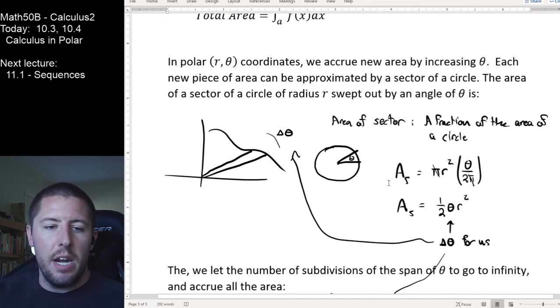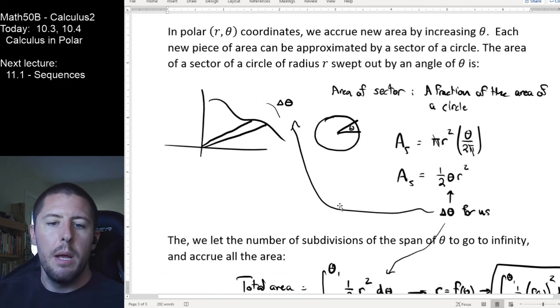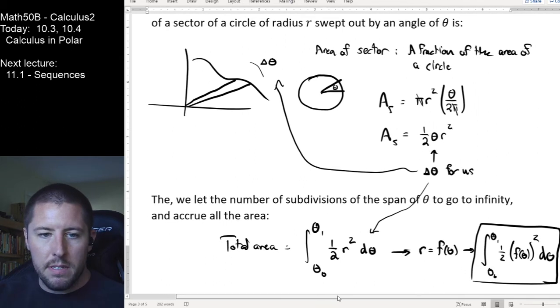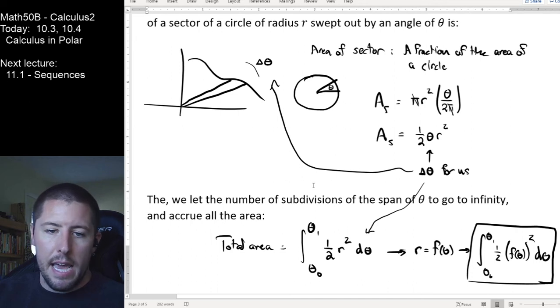We say if we change theta by delta theta, then the change in area should be described approximately by this sector area, if this was our average radius between these two different rays. But as delta theta gets infinitely small and becomes d theta, then we're able to integrate across all of those angles that we see out here.